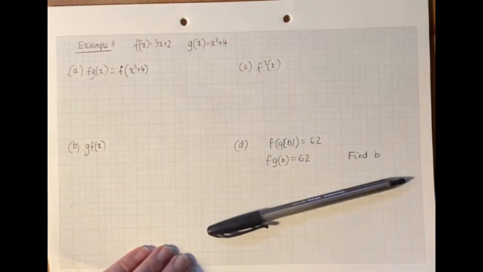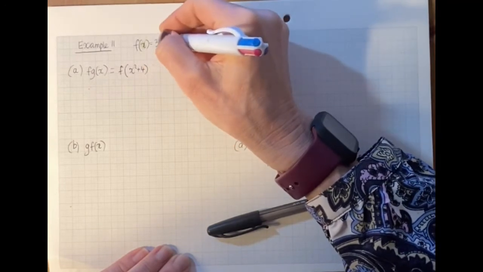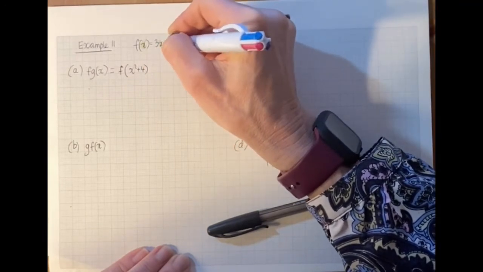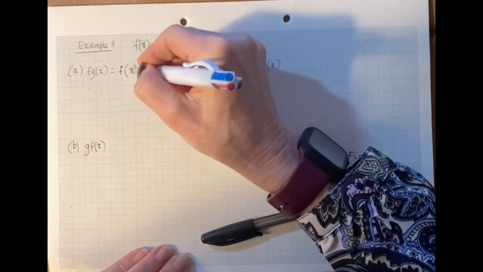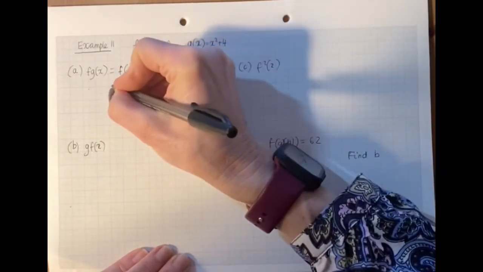So function f at the moment has x's put in, and that tells me to multiply x's by 3 and add 2. So over here I have to change that input into x squared plus 4.